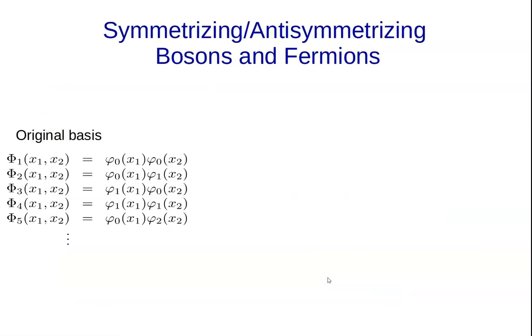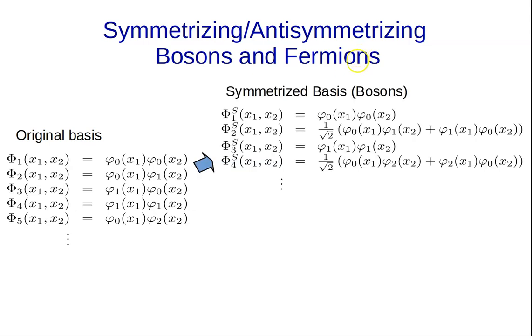So how do we solve this? Well, we have to adapt our basis, essentially force it to obey the correct exchange rule. So if the two particles in my harmonic oscillator are bosons, then I have to have a symmetrized basis, so that when I exchange two particles, I get the correct plus sign.